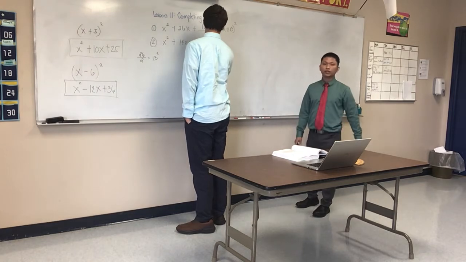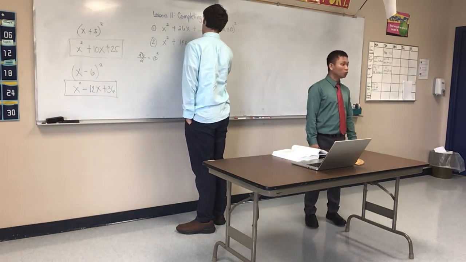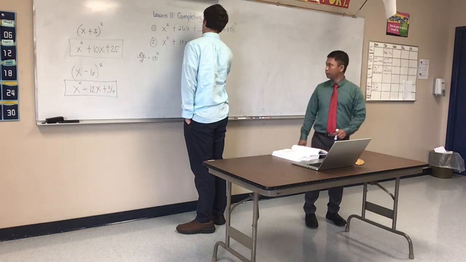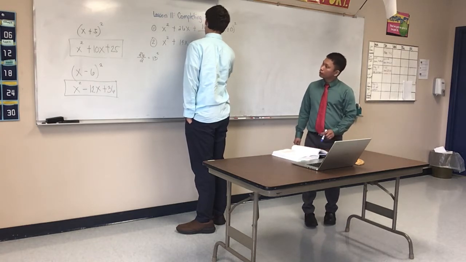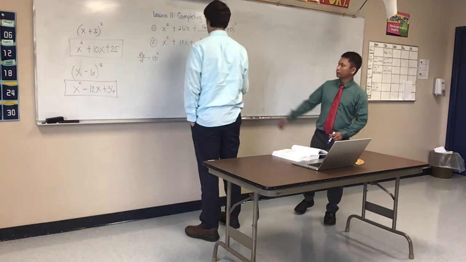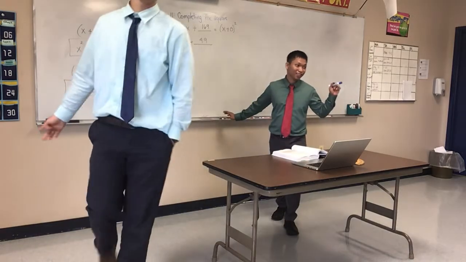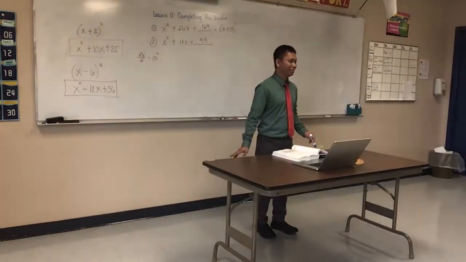We have the middle term 14x, so we just divide by 2 and then square. The answer would be 49, and that's correct. Easy? Okay, that's how we start.